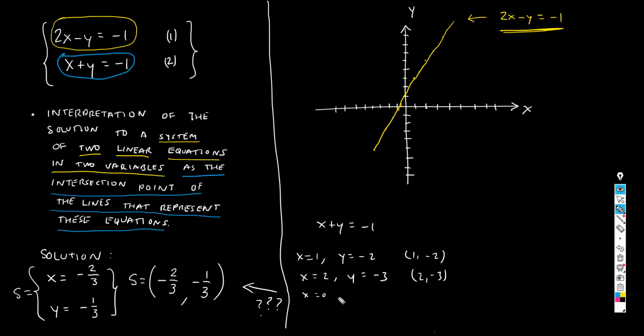For x equals 0, y will be minus 1. For x equals minus 1, we get that y equals 2. Let me check if I'm doing everything right. Yes, that's right.